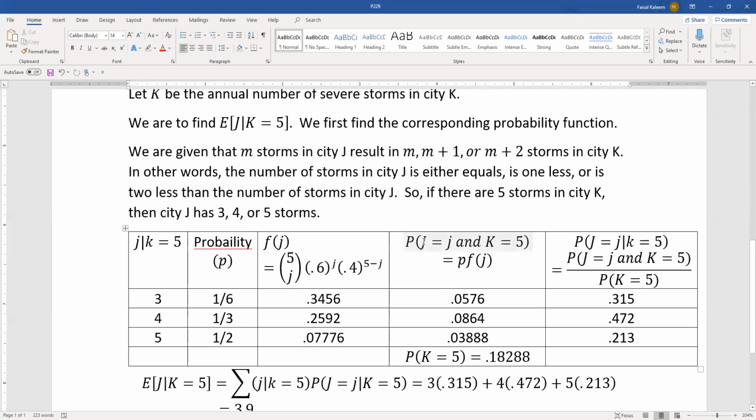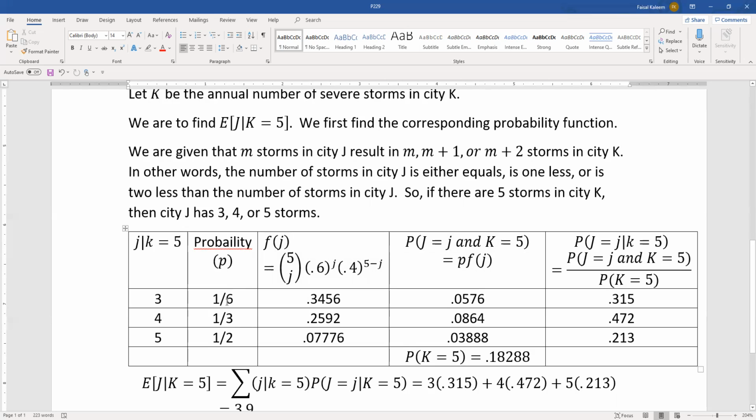So we are saying that probability of 3 storms in city J and 5 storms in city K. So that will happen, first of all, if the difference between them is 2.